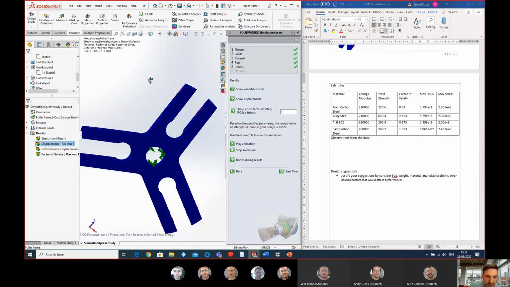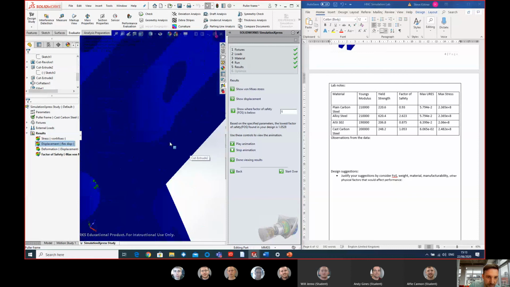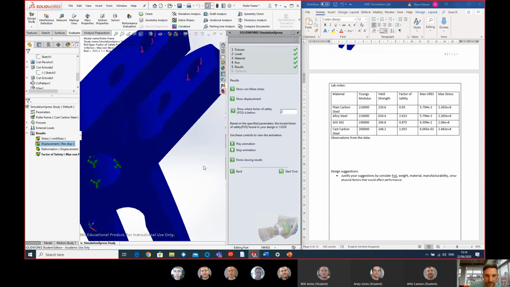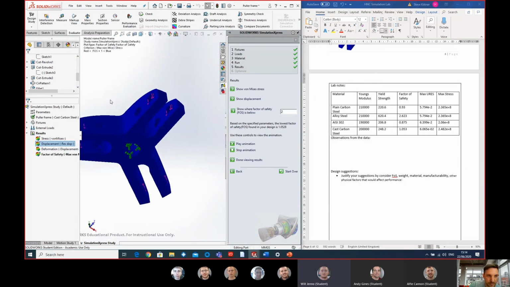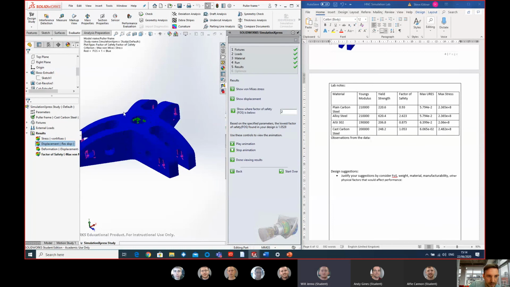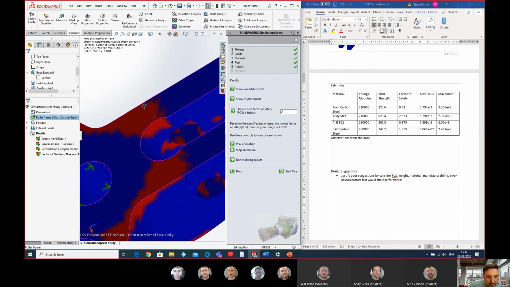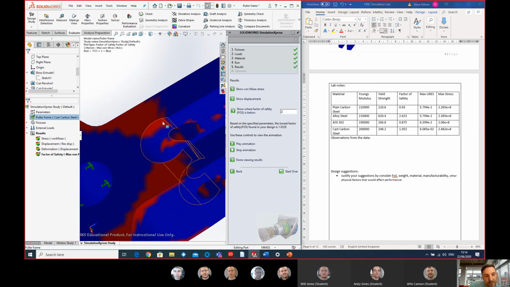So I think for me, there was one key area on all of these that was a little bit weak, which was under here. Let's bump that up to 2. That should show us. There we go. There's this one weak area down here all the time.